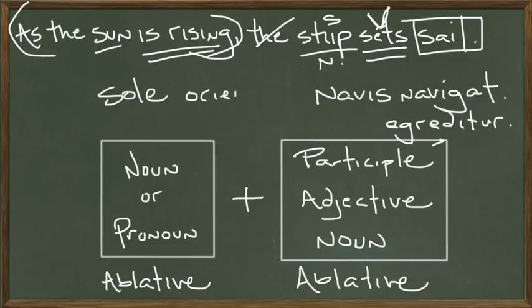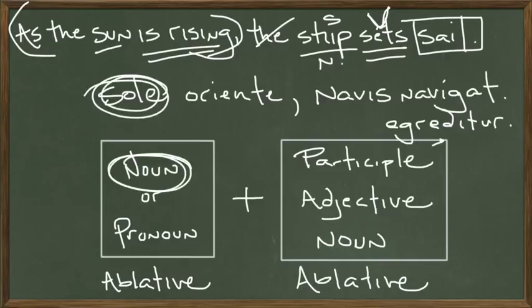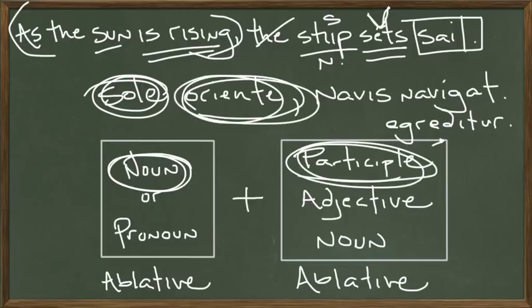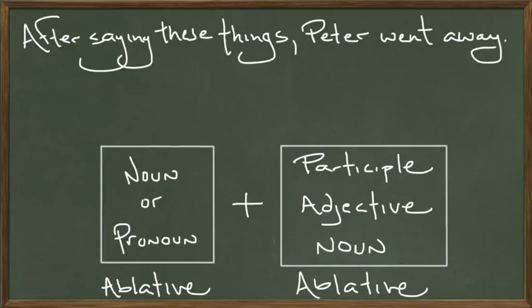Sole oriente. Sole oriente navis navigat. Sole oriente navis egreditur. With the sun rising, the ship sets sail. Here we have a noun, sole, and we have a present participle, oriente. That's usually the setup that you'll see with ablative absolutes.